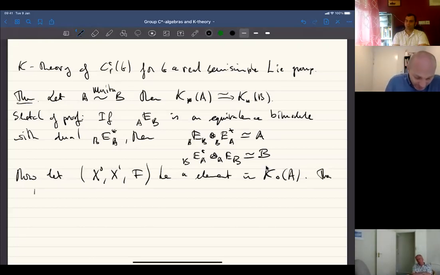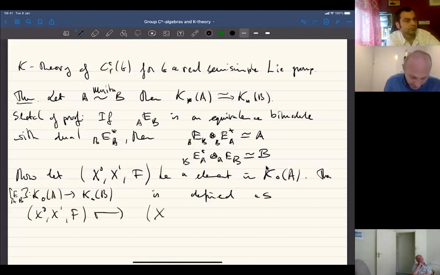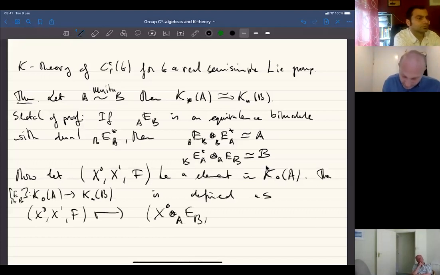Then we define the map induced by the Morita equivalence as follows: you take this Kasparov element and you map it to just the tensor products.